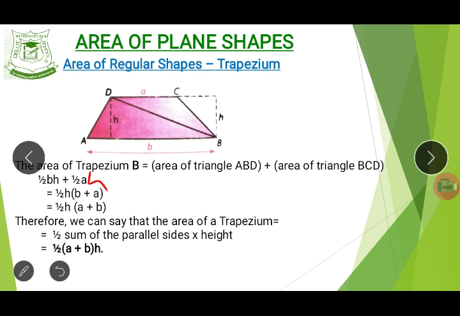So the base in the second triangle is a. Because of this imaginary line that you can see here, that's what allows us to have it as a triangle. So we can therefore say that the area of a trapezium basically is half into bracket a plus b times height.